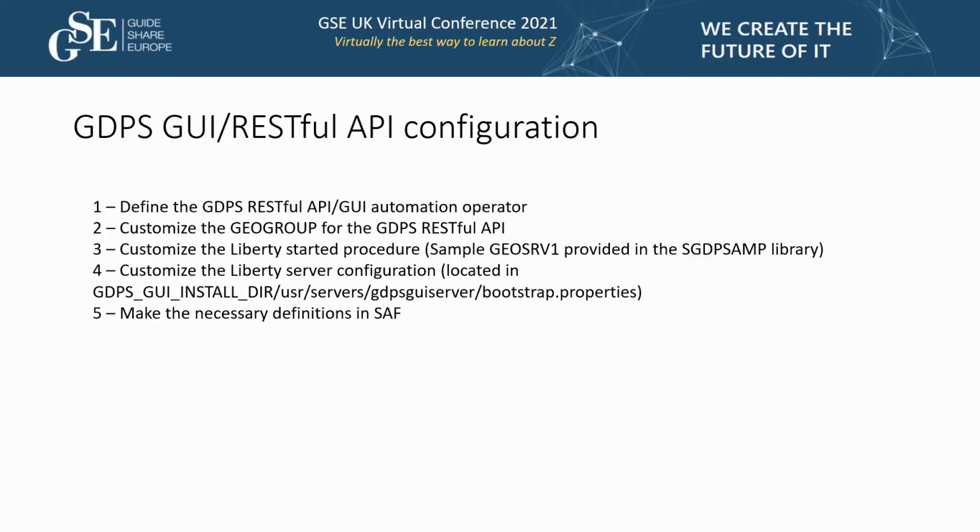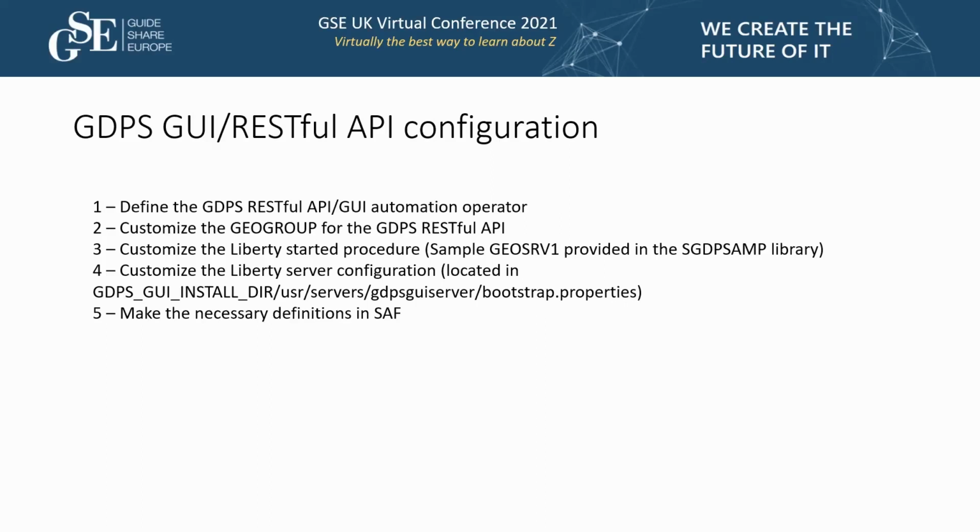You will also need to customize the geo group in order to add the information relative to the Liberty server. So you will define the IP address of the Liberty server, as well as the port used by the GDPS NetView daemon to communicate with Liberty. The third step is to customize the Liberty STC, so the Liberty started task.